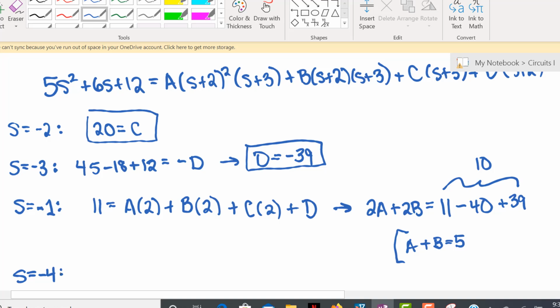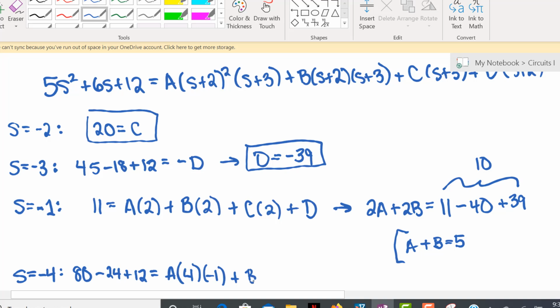So 5 times 16 is 80, minus 24 plus 12 equals a times, okay, so -4 plus 2 is -2 squared is 4. -4 plus 3 is -1.